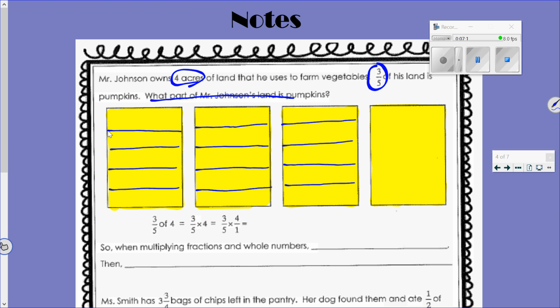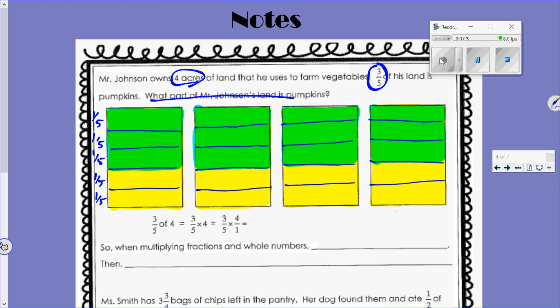That is actually a really key concept, that he's taking these wholes and he's dividing them into fifths. So basically, each one of these lines is 1/5 of each acre. Okay? So now, how many of those fifths did he actually use? 3. So our next color going across, we're going to color 3 of each of these fifths now.